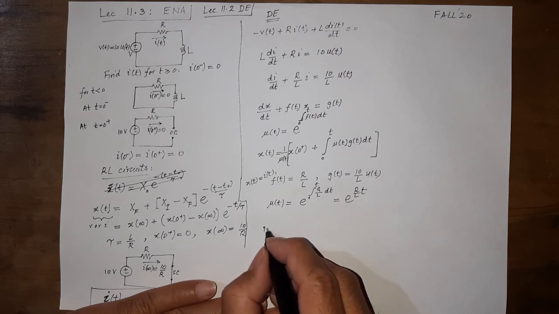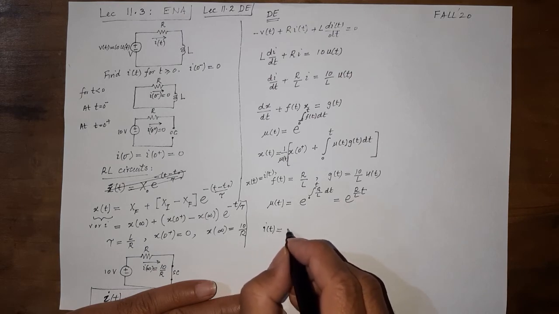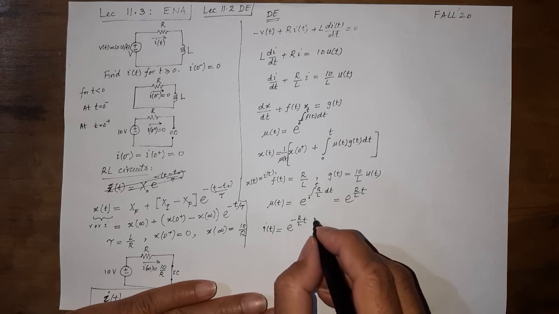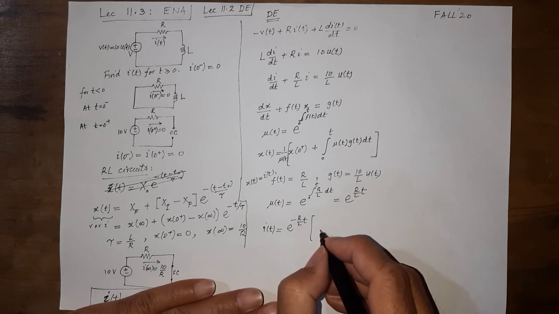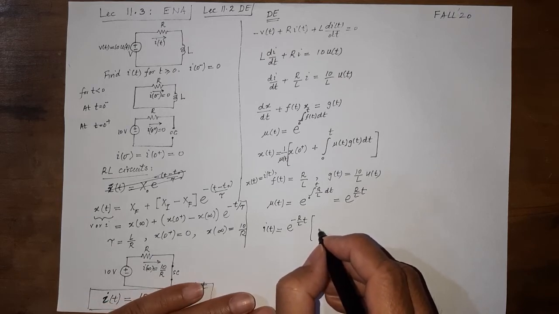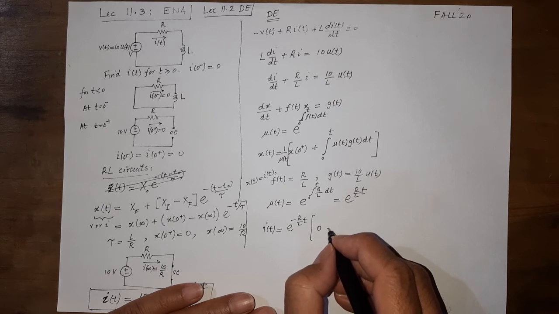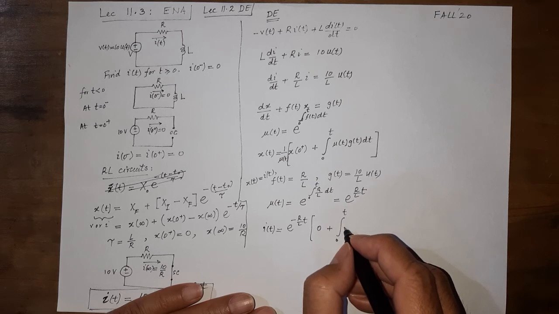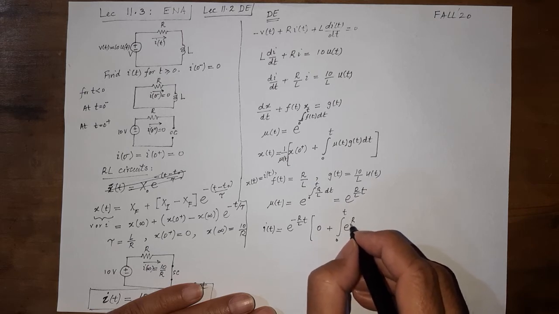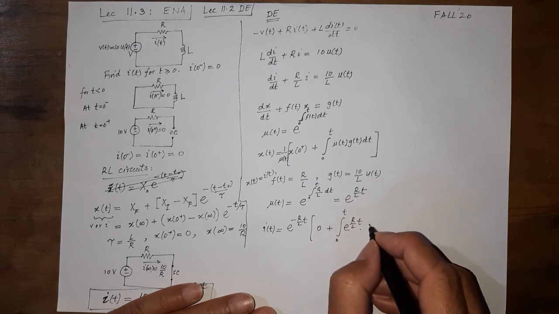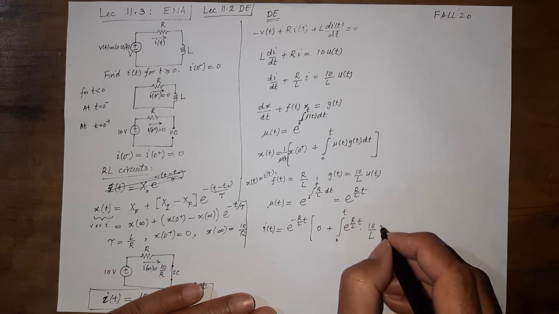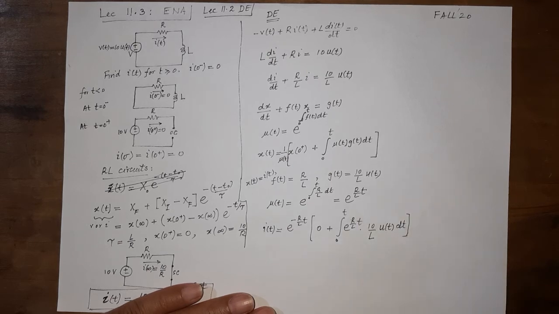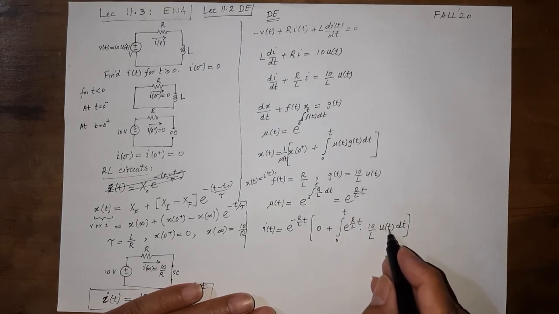And the solution i is equal to 1 over mu of t, which is e raised to the power minus r over L t, and the initial value of x, which we know is 0, plus the integral of e raised to the power r over L t into 10 over L u(t). Since the integral is from 0 to t, this u(t) will become 1.